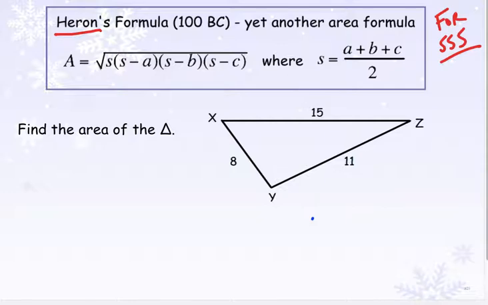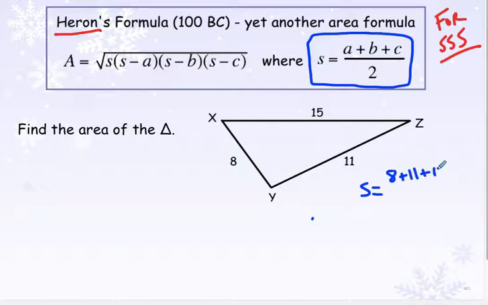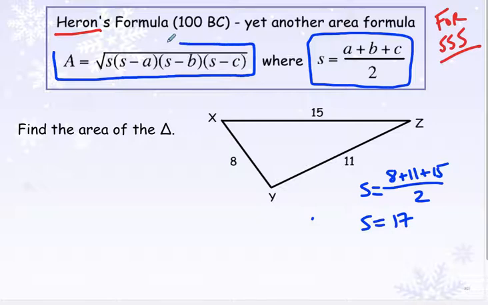The first thing you need to do is this part right here. You're going to find this value of s by adding up your three sides, so 8 plus 11 plus 15, and dividing by 2. Okay, so add them up, divide by 2, and in this problem you get 17. Then you use your area formula.